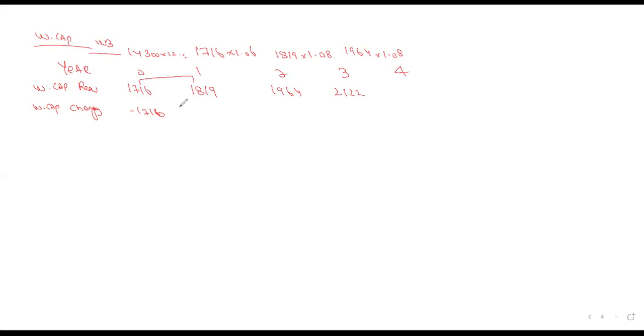Then what is the difference? 1819 minus 1716, 103.